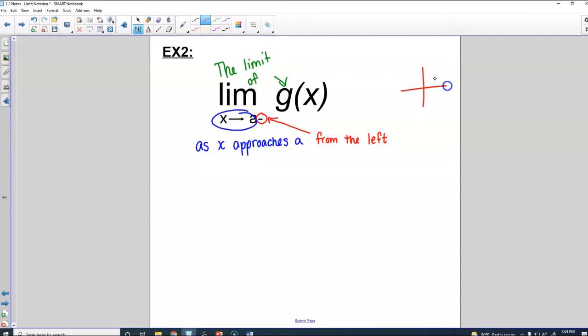When you think about your coordinate plane, your negatives are over here on the left, right? On the x-axis. This is x-axis, this is y-axis. You've got negative over here, positive here. So if you see that little negative behind this number or letter, that means from the left.